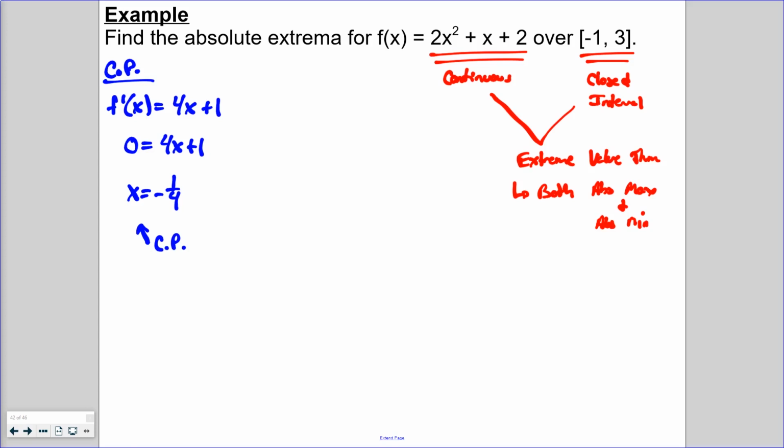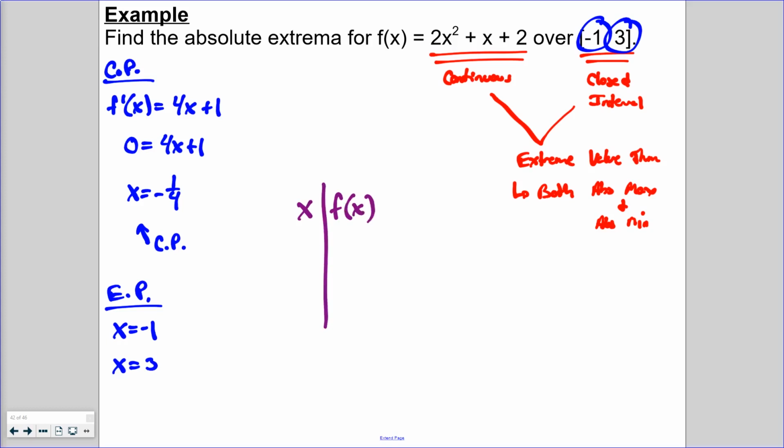Next step was to identify our endpoints, so EP for endpoints. We can see here that our endpoints are x equals -1 and x equals 3. Then we need to plug these critical points and our endpoints into our original function.